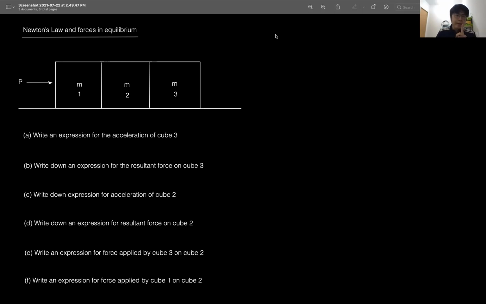The way we analyze this, guys, is you can analyze it all at once, looking at the whole diagram, or you can break it down into individual diagrams. If the question wants you to find the force of body number 2 acting on body number 3, how do I find that?